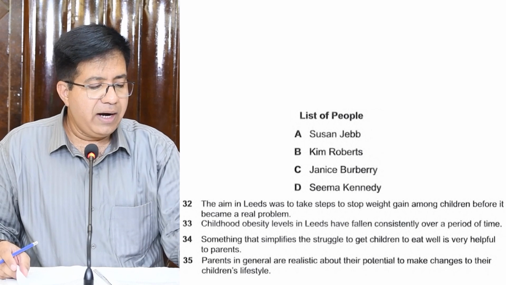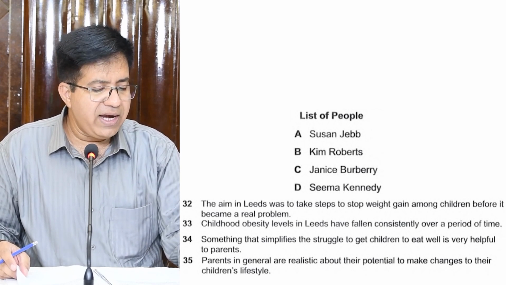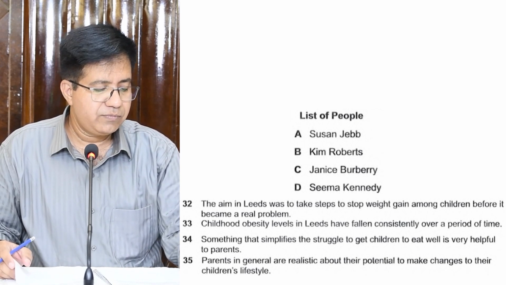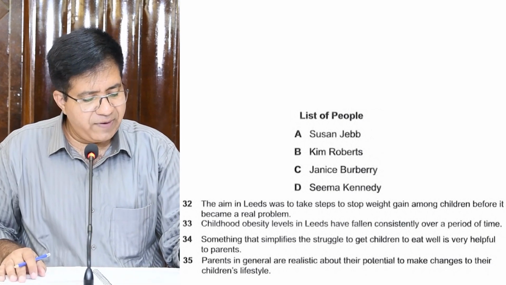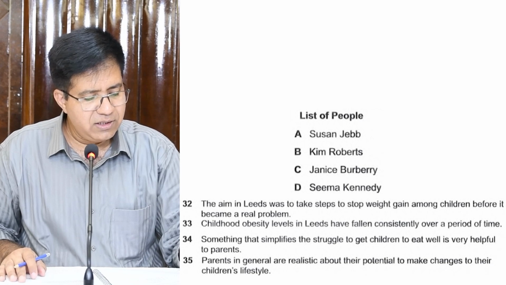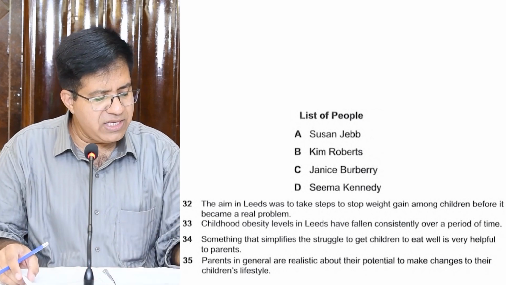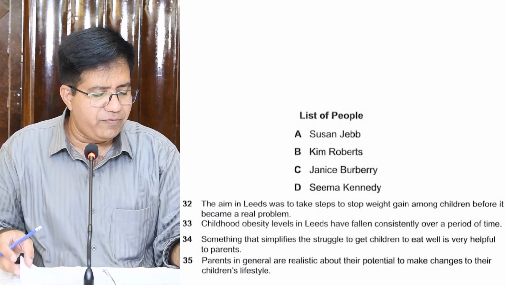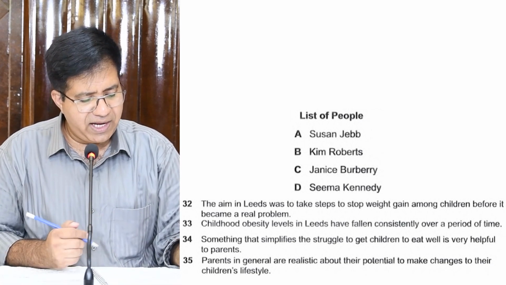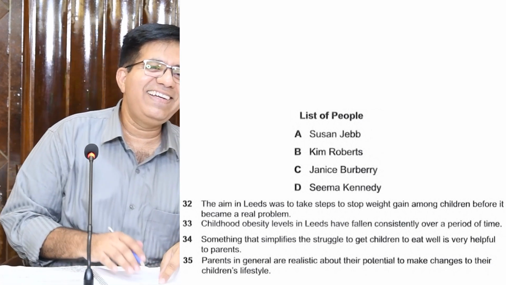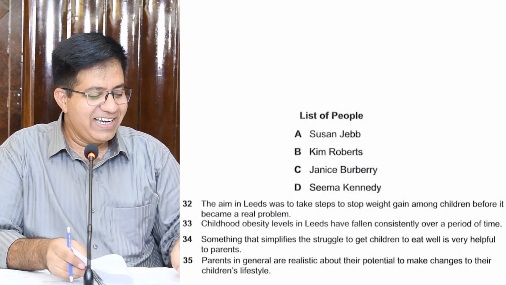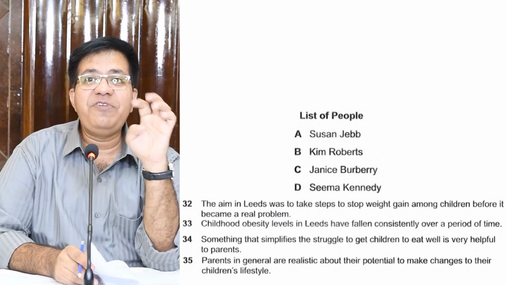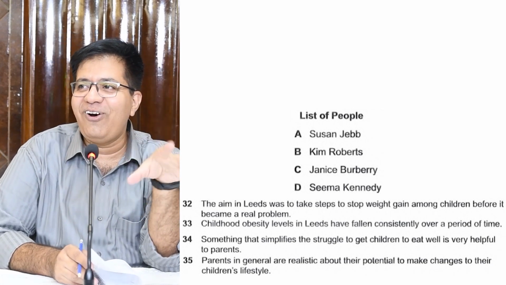Underline Kim Roberts and write there B. Option B is Kim Roberts. Then find Janice Burberry, second last paragraph, and write C over there. And then Seema Candy.